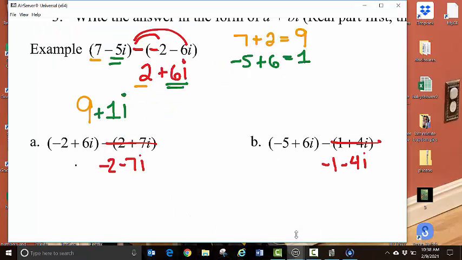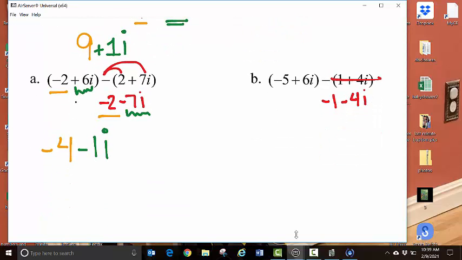So, whatever is after the negative switches. So you always rewrite this. This is a negative 2 and a negative 7. And now you combine them. Use your calculator. Negative 2 plus negative 2 is negative 4. 6 plus negative 7 is negative 1i, and you can leave out the negative.